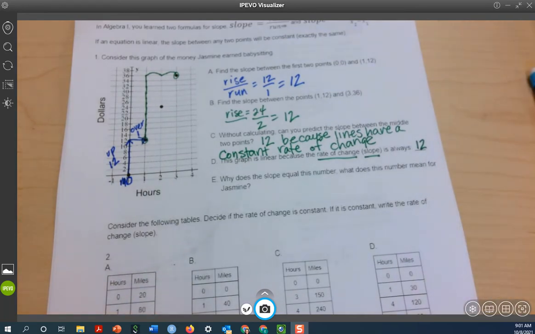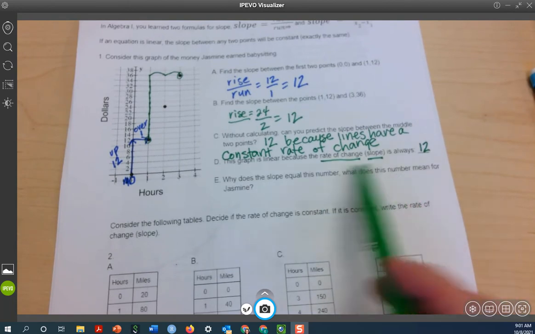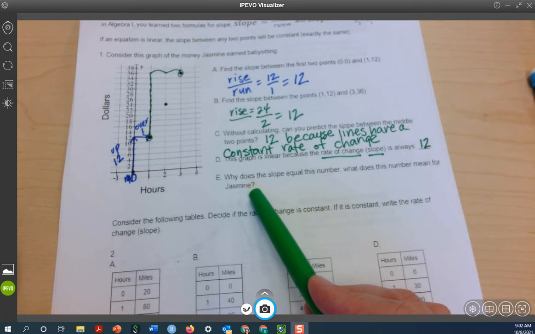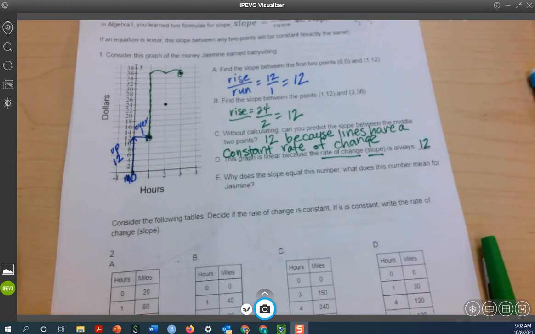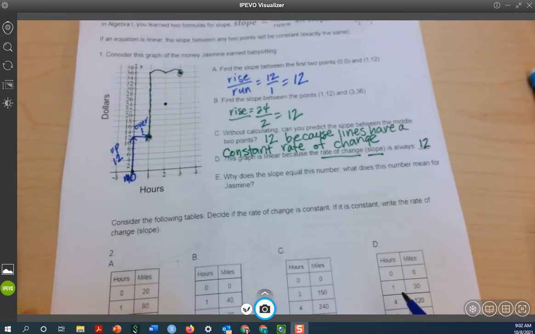All right. Why does the slope equal this number? What does this number mean for Jasmine? Raise your hand if you'd like to help us with that one. Okay, go ahead, Kelly. All right, Kelly says it means she makes $12 an hour. If you have a similar answer, raise your hand.